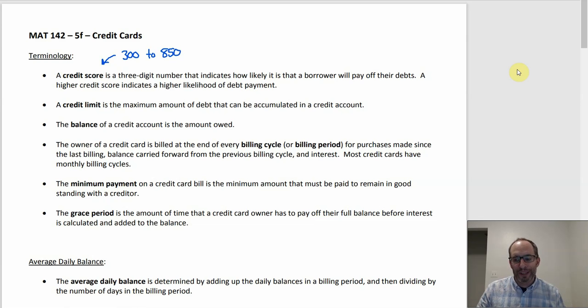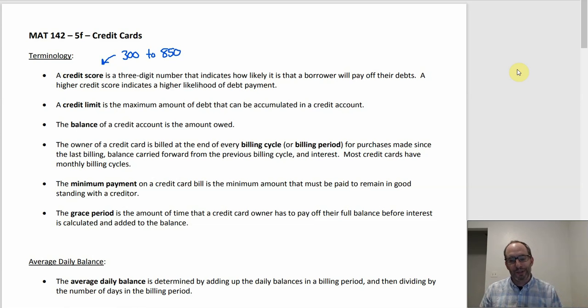But depending on what your credit history is, and things like if you've run up a whole bunch of debt and then paid it all the way back down to zero, then your minimum payment a lot of times just goes to zero unless all of a sudden you have some enormous balance. So the minimum payment can fluctuate, and it depends on your credit score and what your outstanding balance is. It's a combination of those things.